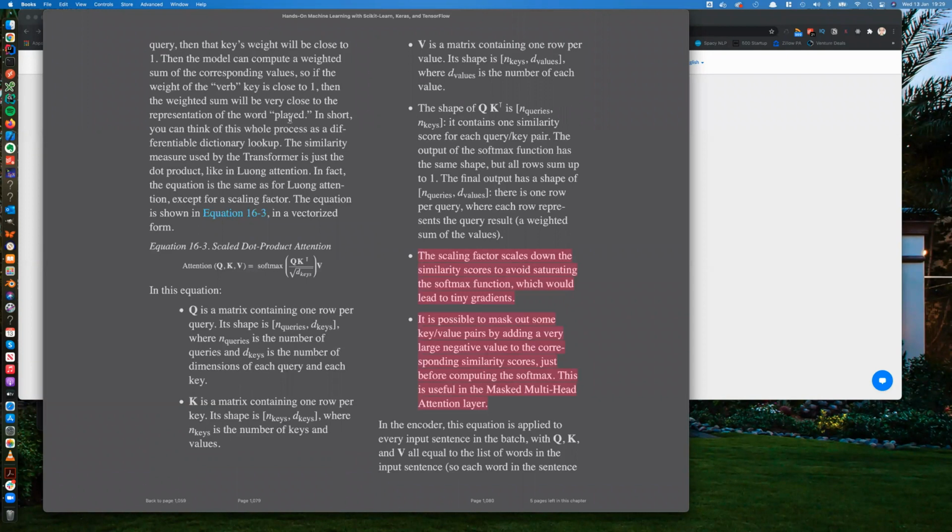Okay, so in short, you can think of this whole process as a differentiable dictionary lookup. The similarity measure used by the transformers is just the dot product, like in Luong attention. In fact, the equation is the same as for Luong attention, except for a scaling factor. The equation is shown in equation 16.3 in a vectorized form. So this is computing a softmax.